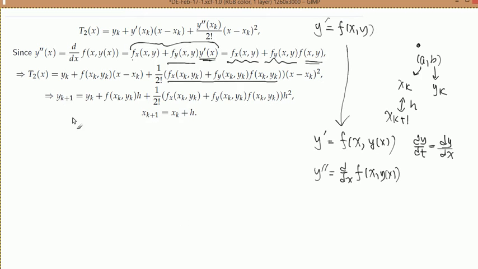So with all that, it becomes k, this remains the same, and this becomes h squared. So your next value, yk plus 1, is this quadratic expression in h, and xk plus 1 is the same. So if you repeat this procedure, then you get a slightly better value.